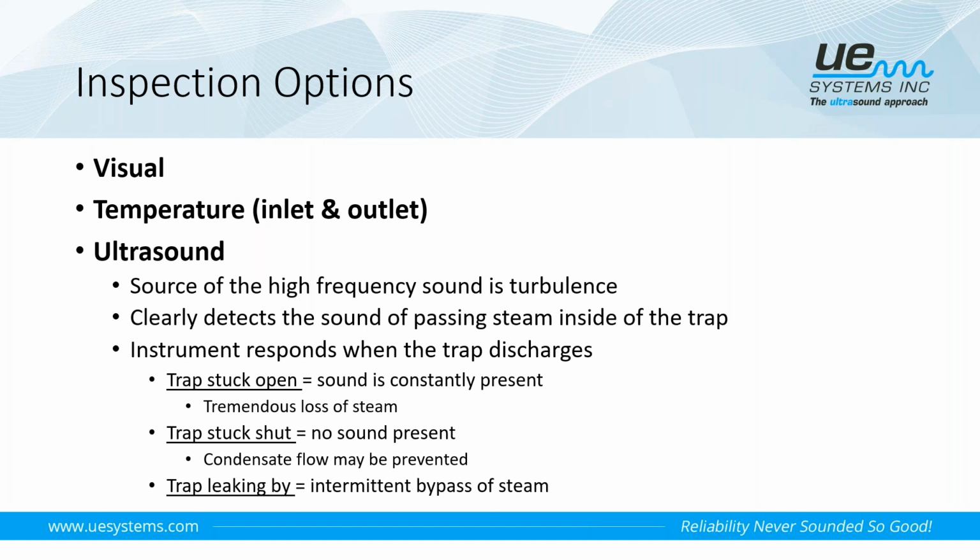If you walk your plant with a purpose, going out specifically to look at your steam traps and steam system, that's a good use of visual inspection. Look at the steam traps and at the installation. I have been out with people walking their plant, and we've found traps installed backwards, and I've seen them installed upside down.